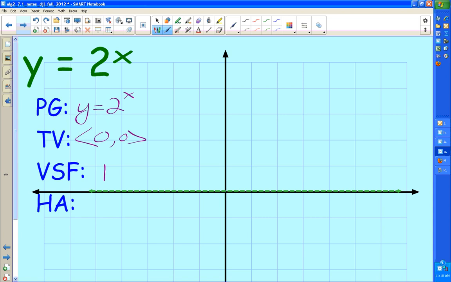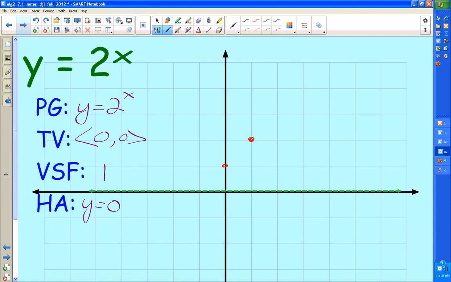It's just considered a 1. The horizontal asymptote, important to get used to adding that to our list for exponentials, is going to be y equals 0. This is a parent graph, so we don't really need anything in the list except y equals 2 to the x. So when we're graphing y equals 2 to the x, it goes right 1 up 2.